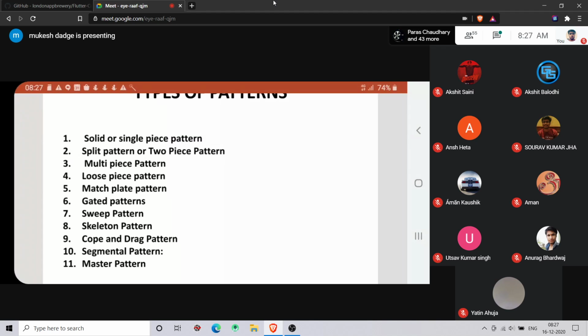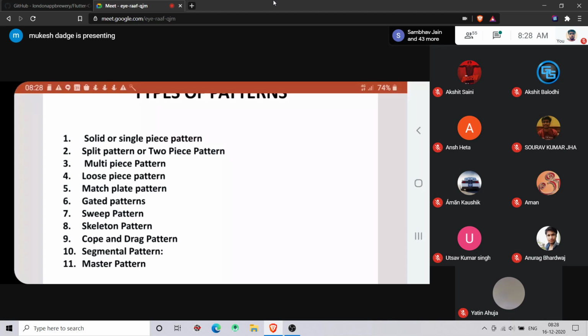Then the match plate pattern: there will be a plate, and on that plate you have to add the pattern. Then gated pattern, sweep pattern, skeleton. As far as our lab is concerned, we will see only the first two: single piece pattern and two piece pattern.